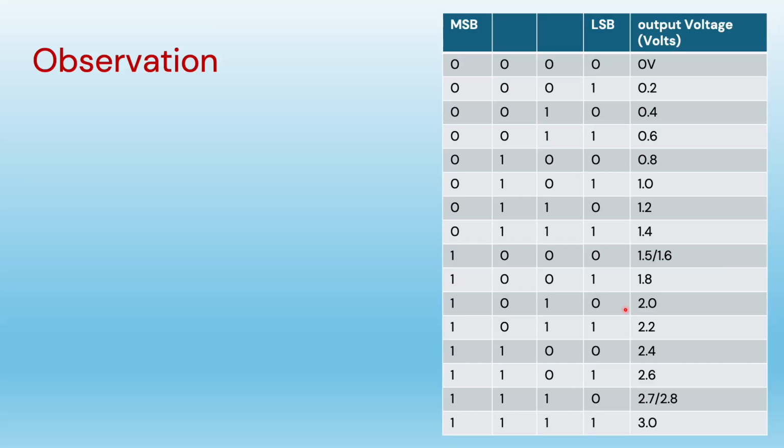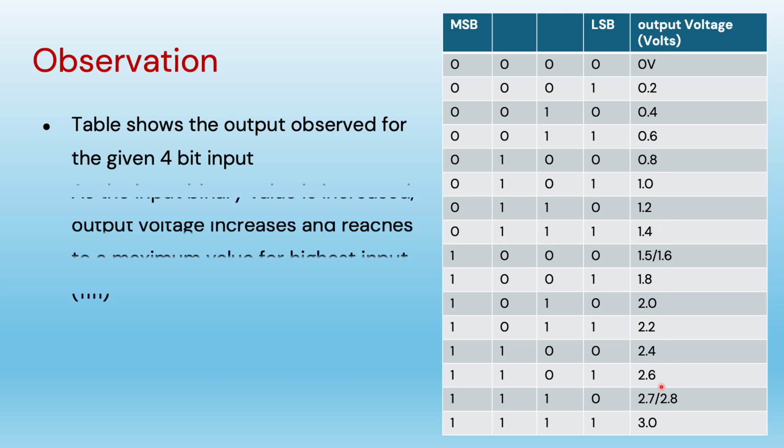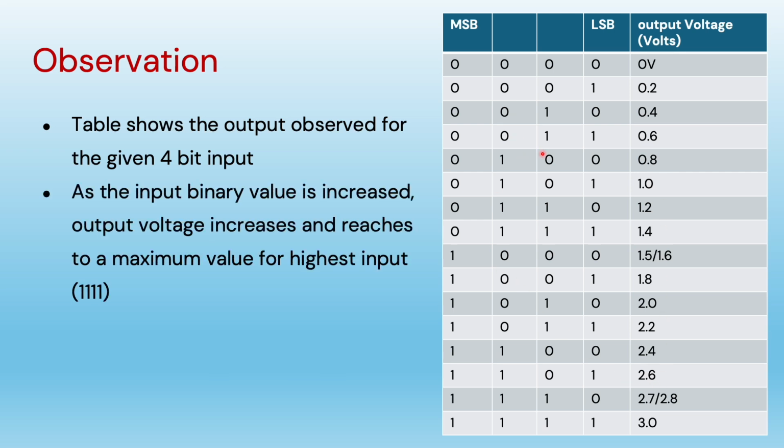We have observed in this experiment that as the values of the input bits are changed, the output changes. We are giving 4-bit input here and we are observing the output voltage on the voltmeter, and we have seen that for the lowest value of the input, output is 0 volts, and for the highest value of the input, output is 3 volts.